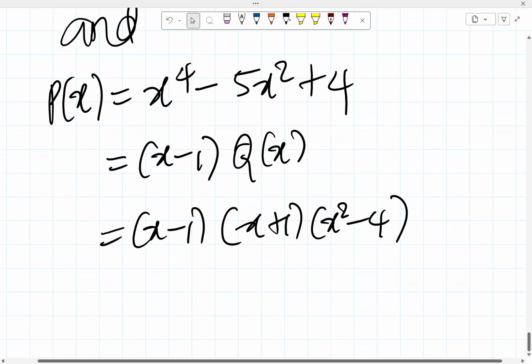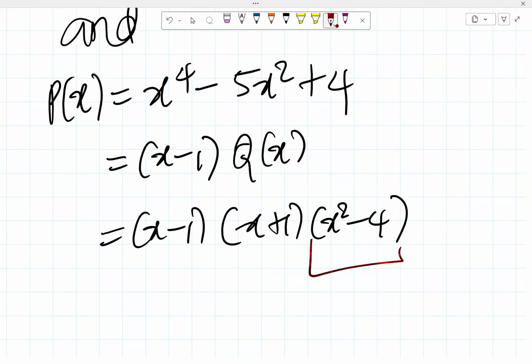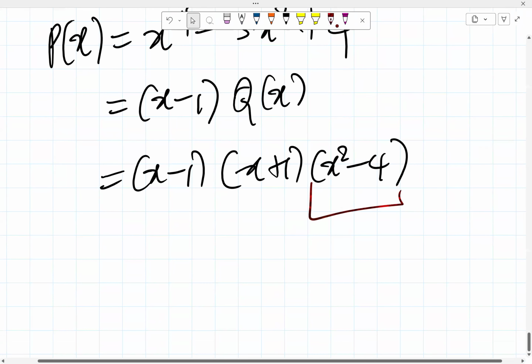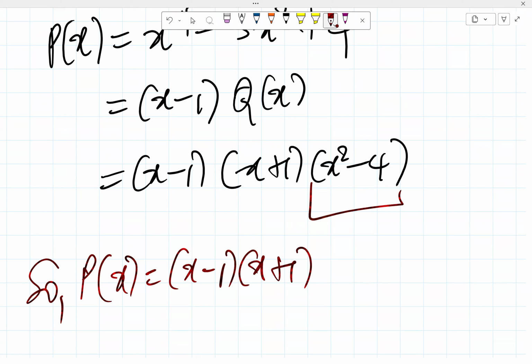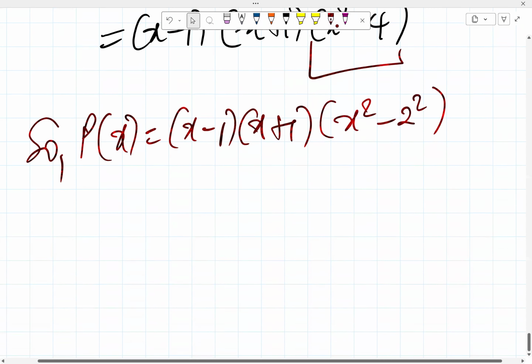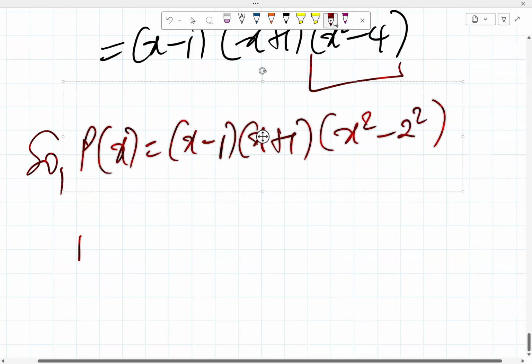Happily, this is looking great, very sweet in fact. So that is a difference of two squares. Normally if it was something else we would have taken it apart, but we can just do it straight. So p of x now is equal to x minus 1 into x plus 1, and then x squared minus 2 squared, which we can do with difference of two squares, as we did under special factorizations.